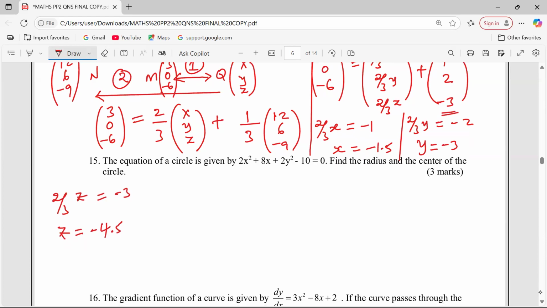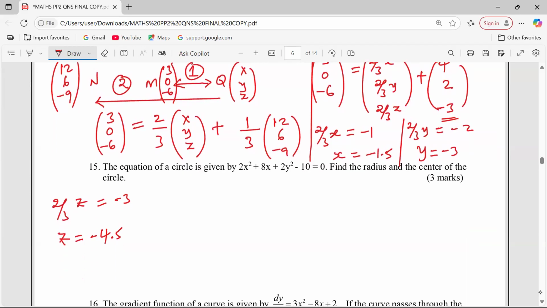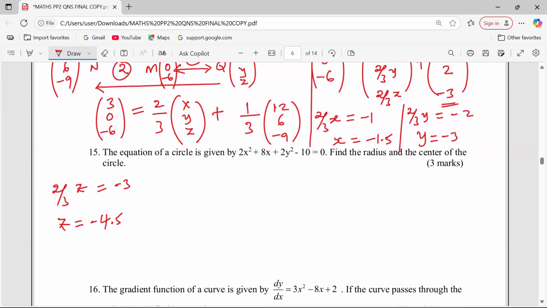So the position vector of Q shall be x, which is -1.5i, plus y, which is -3j, minus 4.5k. That is the position vector Q.